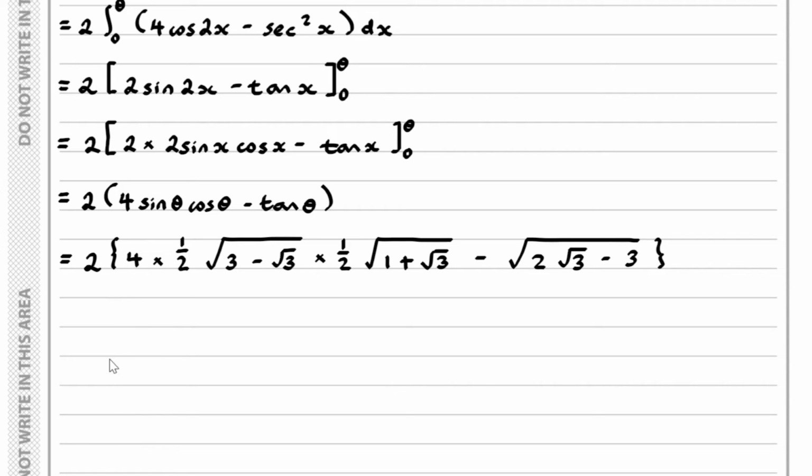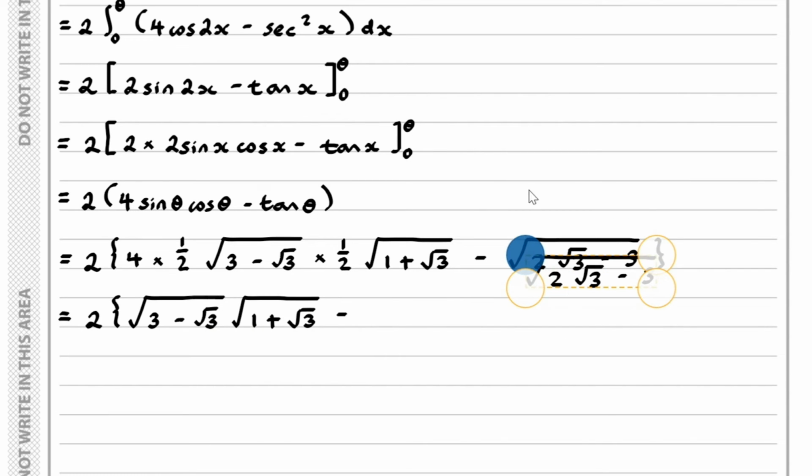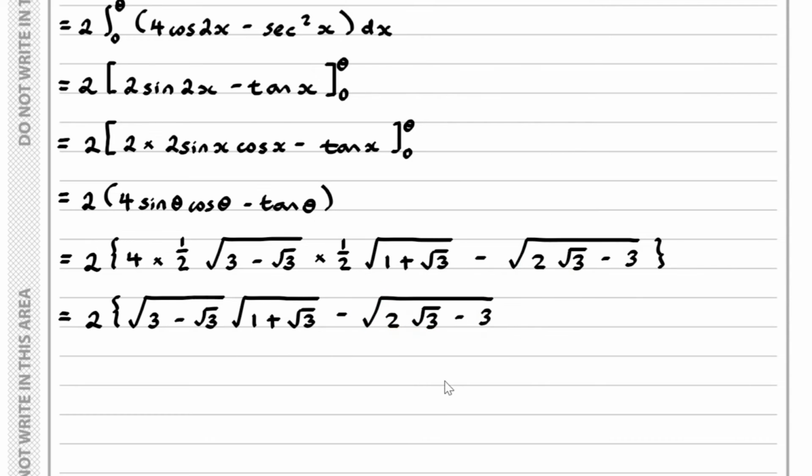And if I simplify this, well, 4 times a half times another half, that's just going to be 1. So I've got 2 multiplied by this result multiplied by this, minus this. And let's see if I can simplify any of this. Well, I can simplify these two brackets.